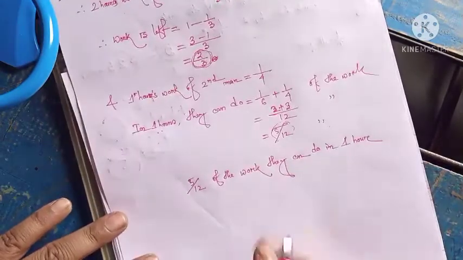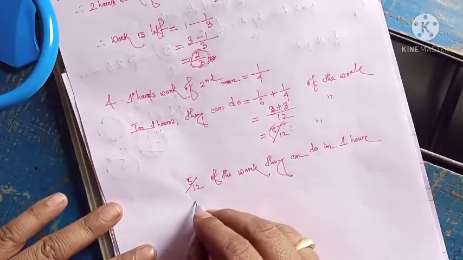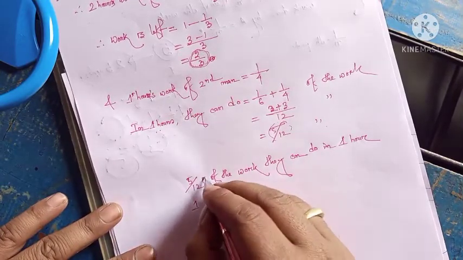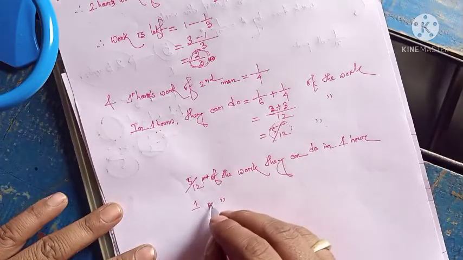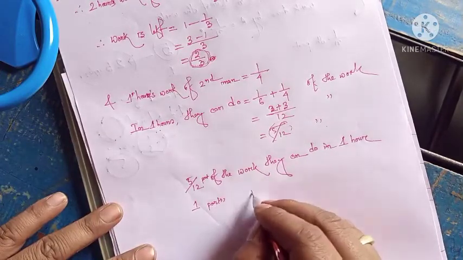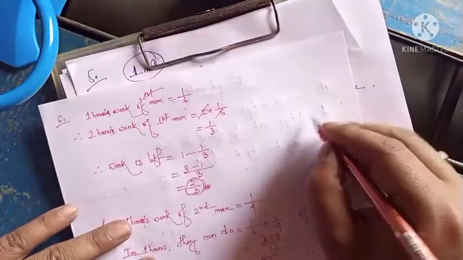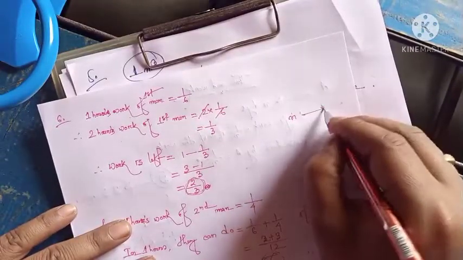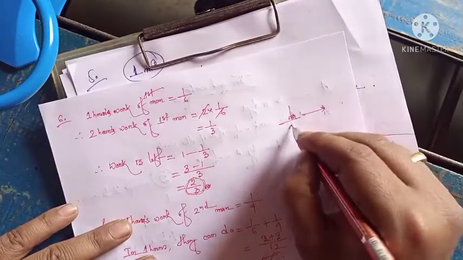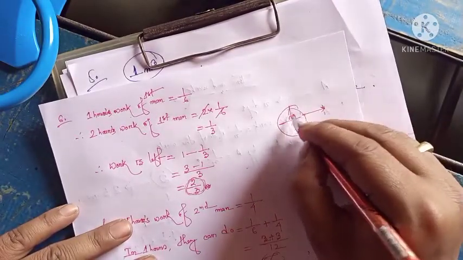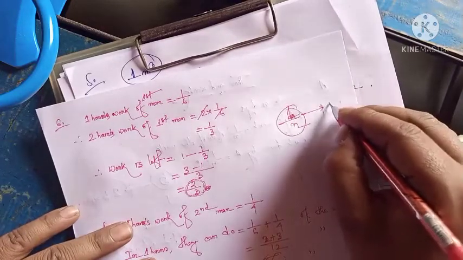So the total work, or one part, they can do in... Okay, so here in n days 1 by n of the work is done in 1 hour.